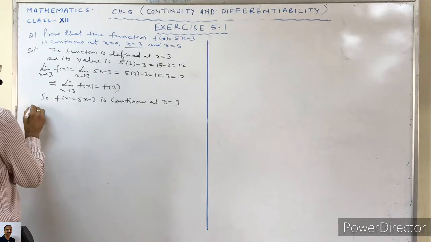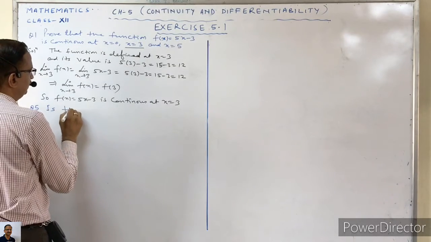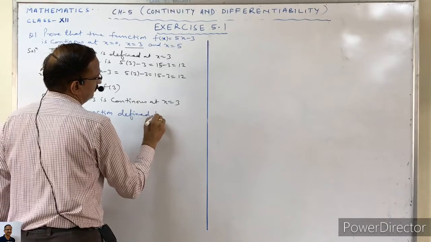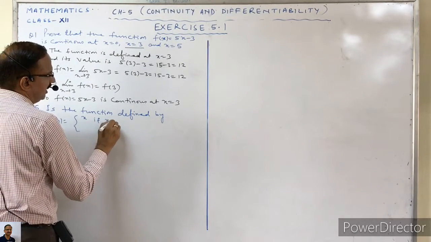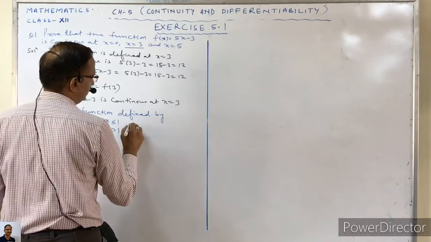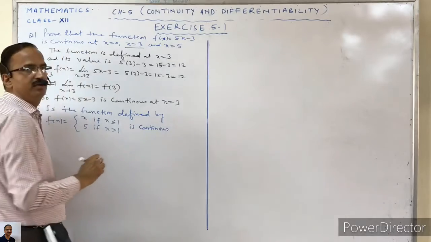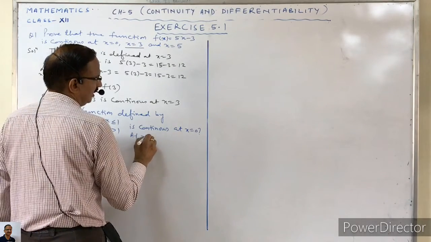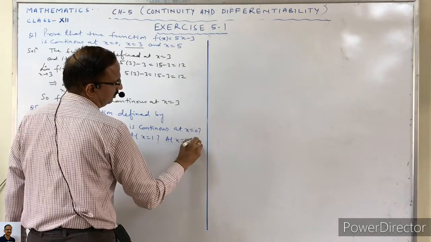Now, come to question number 5. In this, the question is like this: is the function defined by f(x) equals x if x is less than or equal to 1 and 5 if x is greater than 1 continuous at x equals to 0, at x equals to 1 and at x equals to 2.